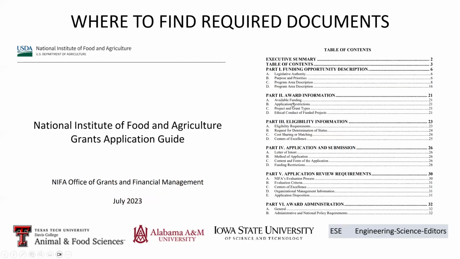And this is the table of contents for that guide where you can find your application length, the type of forms you might have, any restrictions. This is also where you find your general evaluation criteria that we talked about 2 days ago.